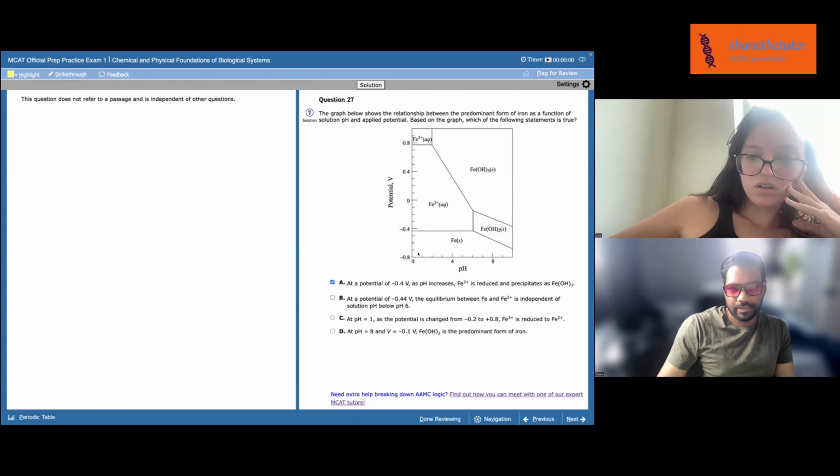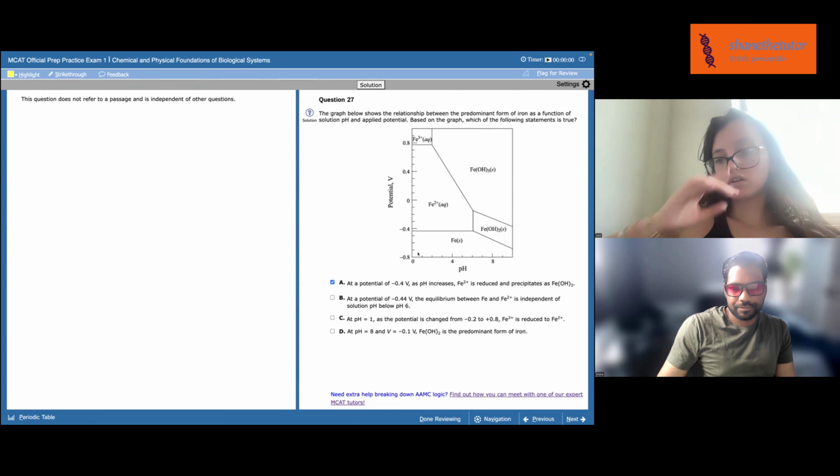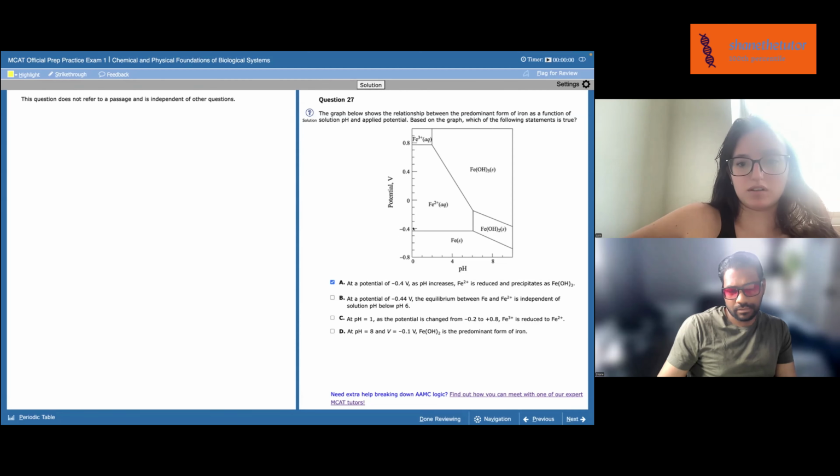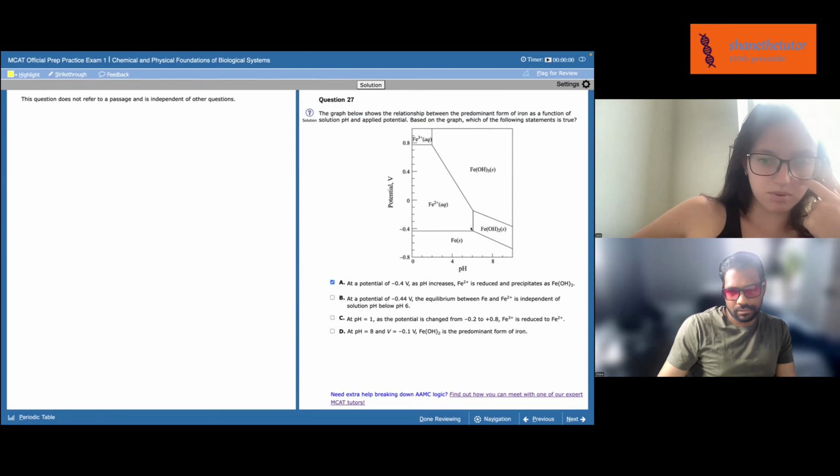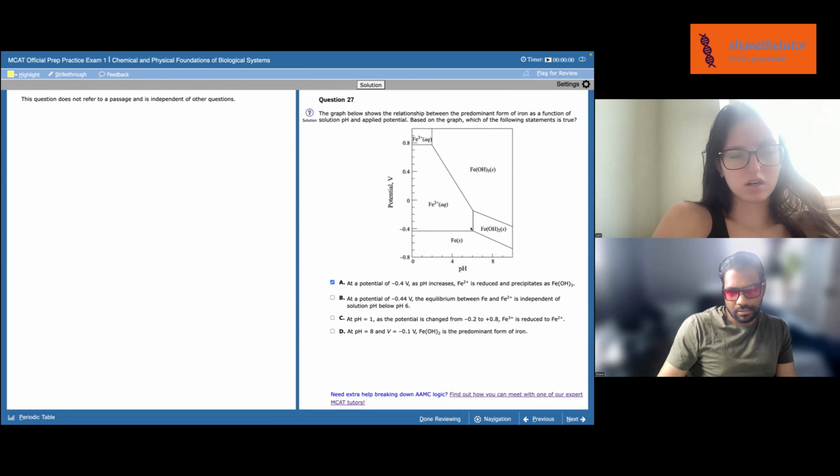Why is B not right? Because if you're saying it's the pH of the solution, then it can't be independent, because these things start at 0 and go all the way to 6. It's not independent of the solution below a pH of 6.